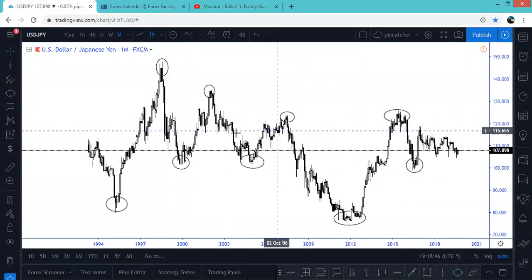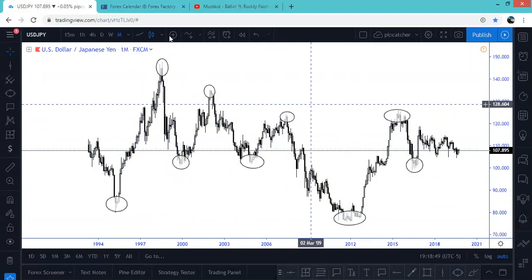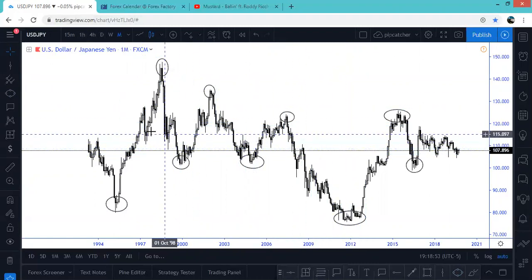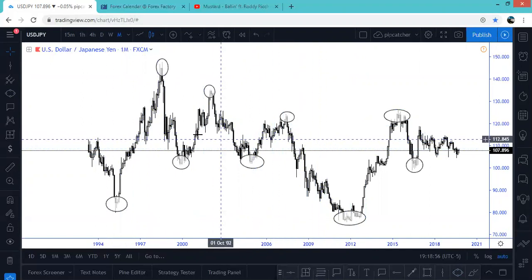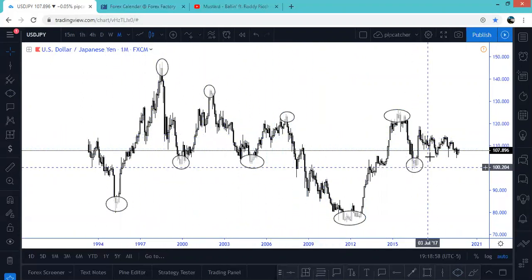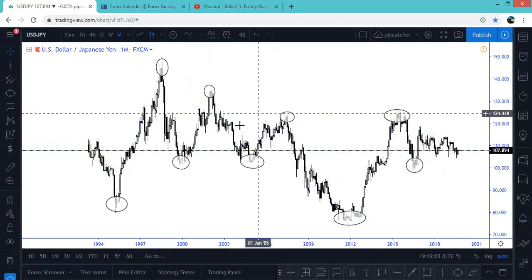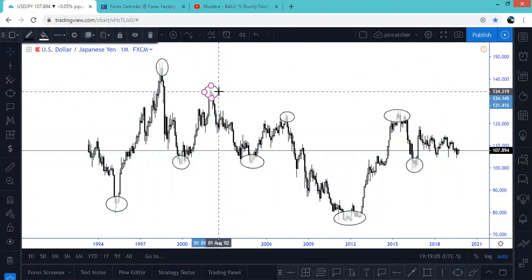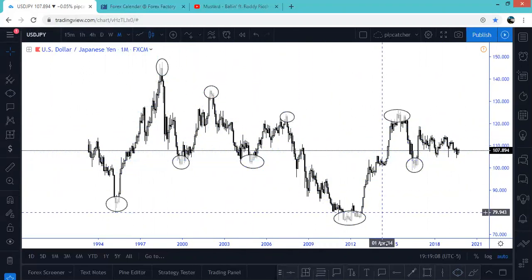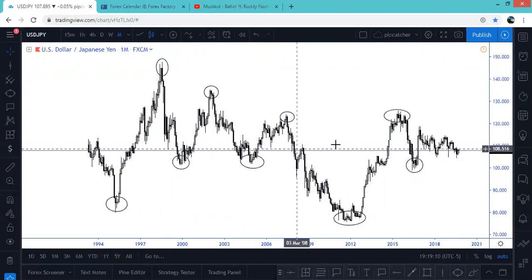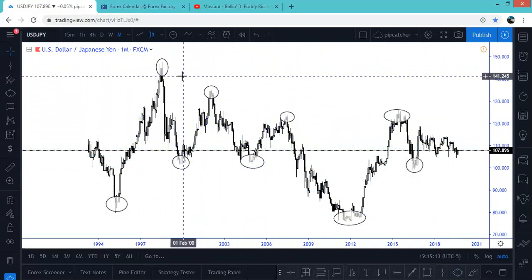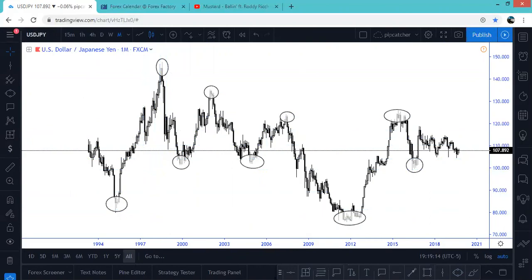We'll try to go back as far as possible, but on the 4 hour and the 1 hour, we can't get this previous data. It won't go back that far. So we'll try to examine as much as we possibly can. We'll break down these reversal points and have a better understanding of what happened in these areas. Okay, so let's get started.